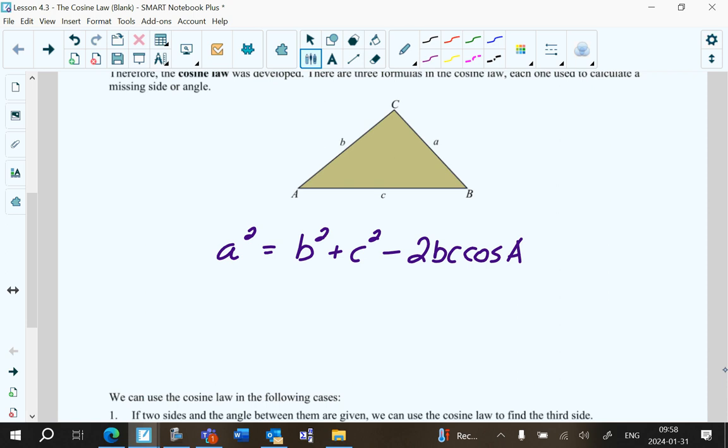Before you freak out, it's not that difficult to figure out. Okay? Because I'll bet you, if you just look at this and follow the pattern, how would you go about finding b squared?